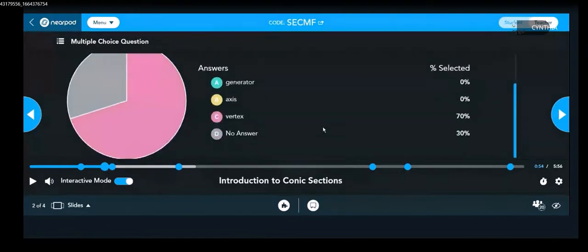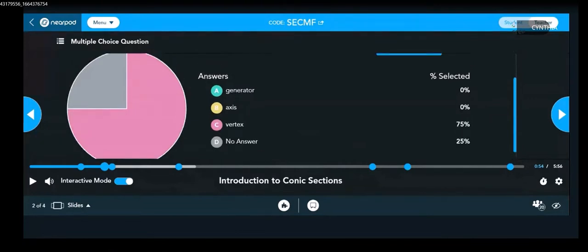It looks like everybody's saying vertex, and you're correct. But I still have 30% of you who are not answering. We use Nearpod a lot, but if you are new, you may be trying to figure all this out. So don't worry. Take notes. It is a vertex. Let's move on to the next part.